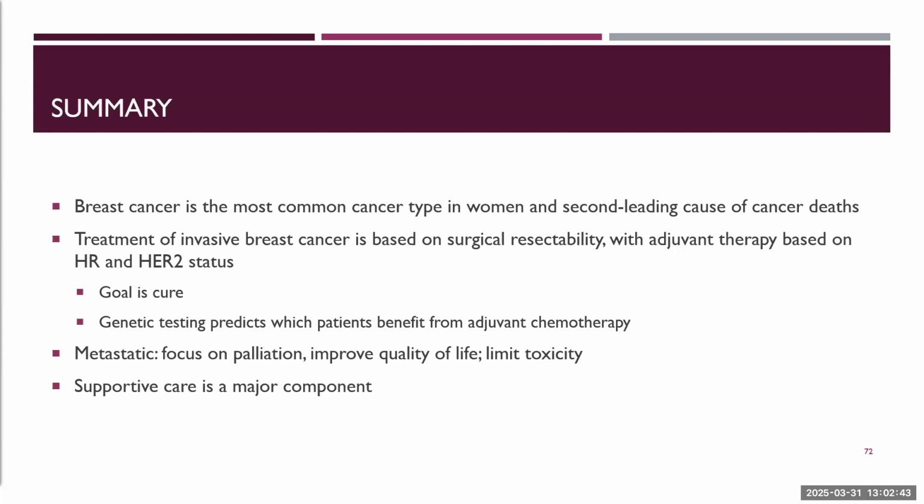This is that Oncotype DX that we talked about. If they are diagnosed with metastatic breast cancer, focus is on palliation, improving their quality of life, and trying to limit toxicity as much as possible. And supportive care is a major component for patients with breast cancer, whether it's early stage or metastatic. Supportive care is really important.